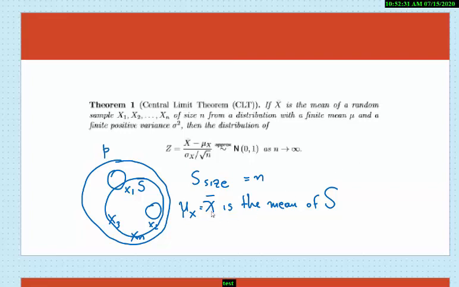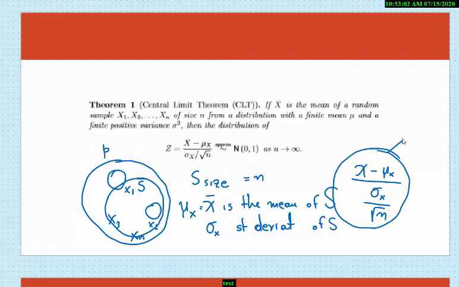If I consider the mu x to be the mean of this sample and the sigma x to be the standard deviation of S, then what I know is that for any x, x minus the mu of x divided by the sigma x over square root of n is nothing else than a z-score. This is what this tells us.